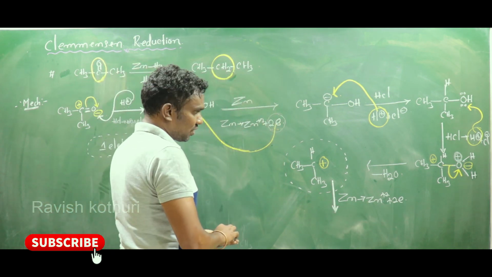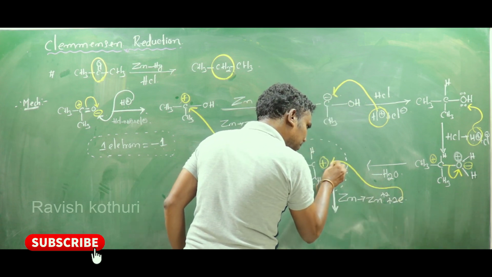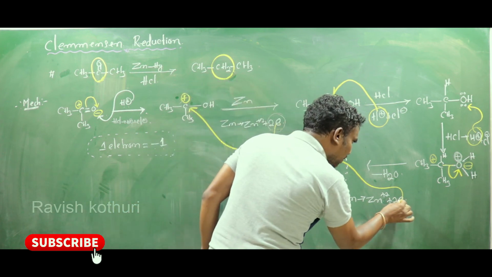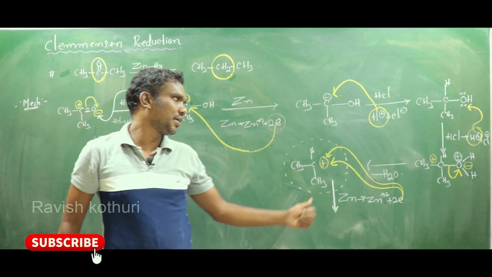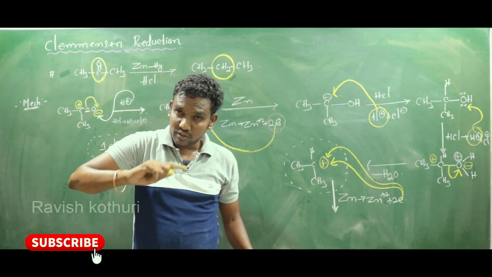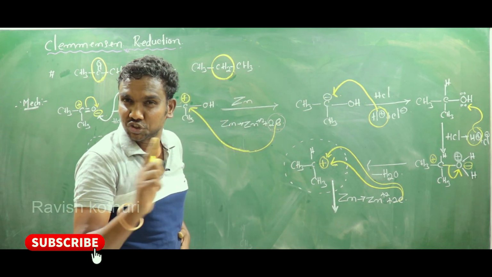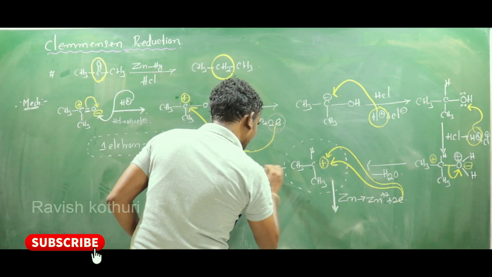Now here, observe carefully. The first electron attacks it here, so at that time it will be neutral. Then the second electron also attacks over there. Right? So at that time what happened, my dears? This carbon gets negative charge.